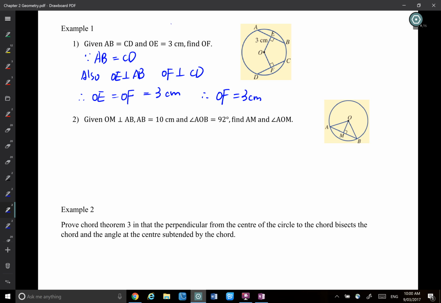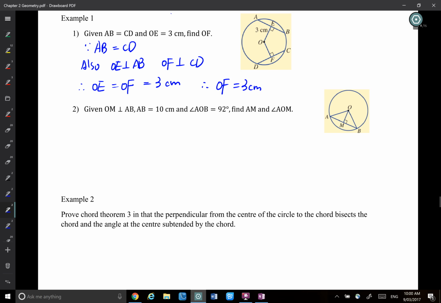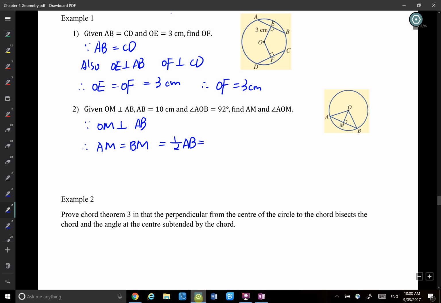Given OM perpendicular to AB and AB equals to 10 and angle AOB equals to 92. So you will say because OM perpendicular to AB, so AM must be equals to BM equals to a half AB. That equals to a half times 10 equals to 5 centimeters.